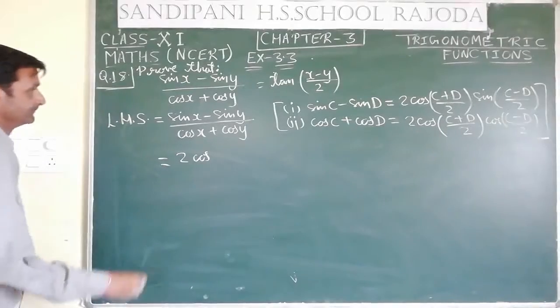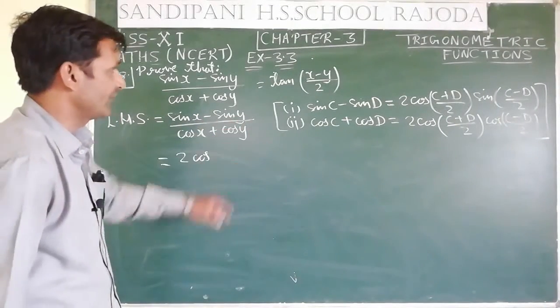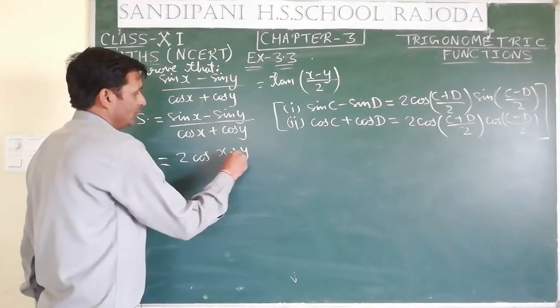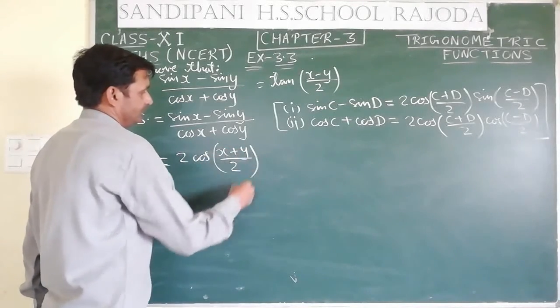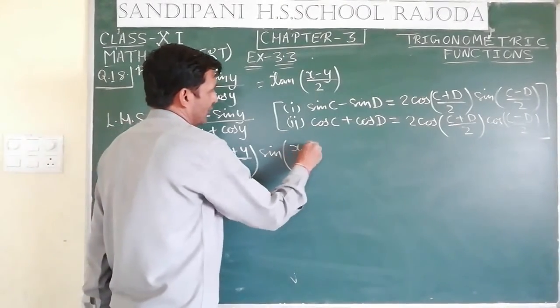So it will be, in place of c x is there, in place of d y is there. So 2 cos x plus y upon 2 sin x minus y upon 2.